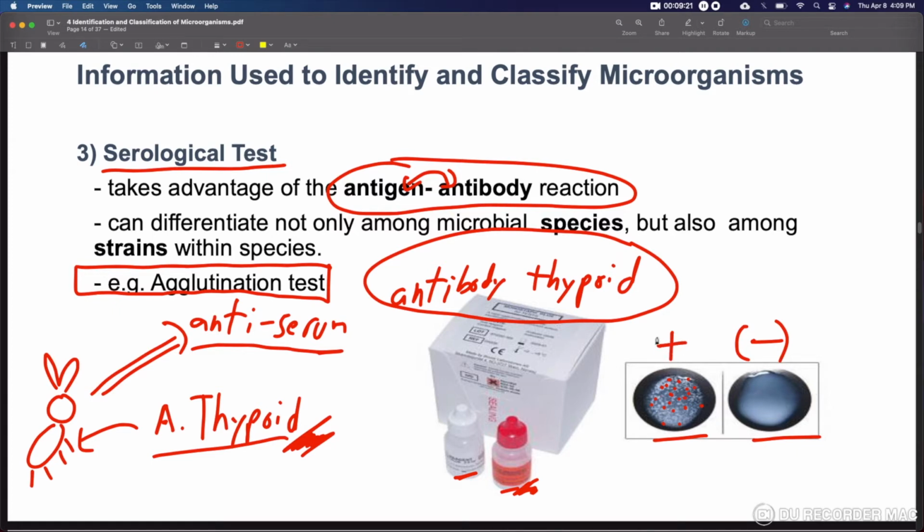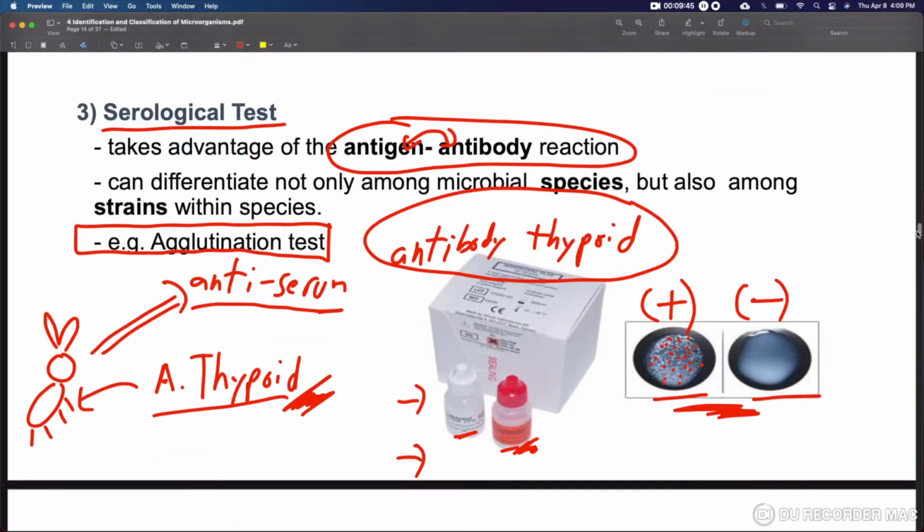If it has clumping, presence of clumping, it's positive, meaning it is that organism. So if you have an anti-sera for typhoid, or anti-sera for E. coli, and it is positive, if it has clumping, it is that organism. You can confirm that it is that microorganism, okay? You just look for the presence of clumps.